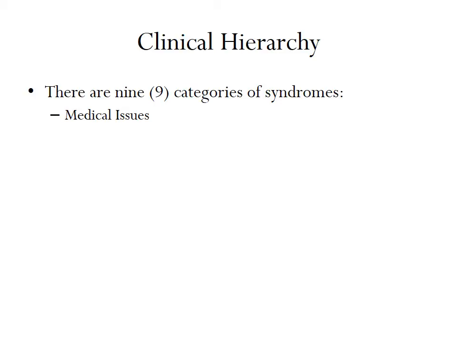The first category is medical issues. It's important to first look and identify if there are any medical concerns or potential medical or biological causes for the client's current symptoms. Medical issues take precedent over psychological symptoms.